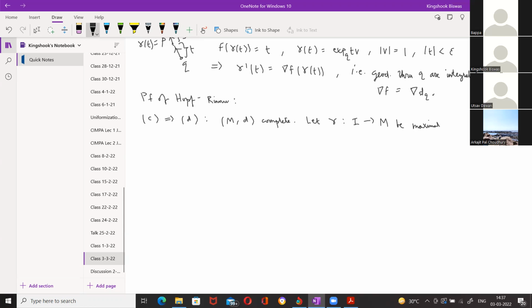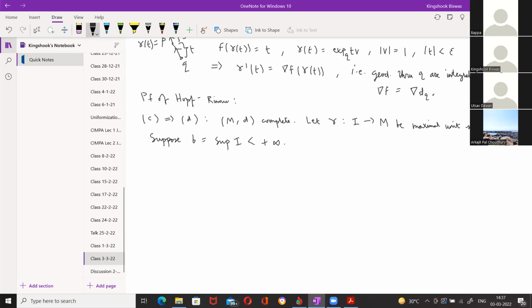We want to show that it's defined for all time. Okay, so suppose not. So suppose that the supremum of the interval is finite. Let me call that B equal to sup I, which is strictly less than plus infinity.